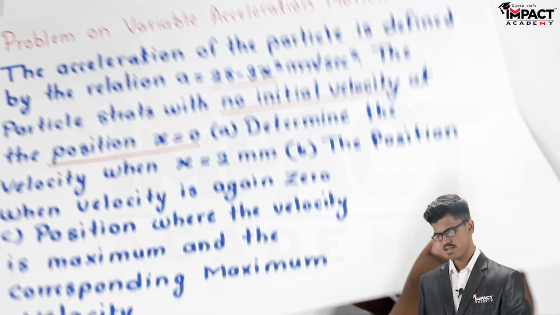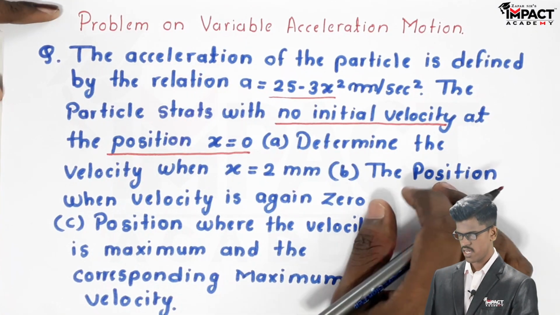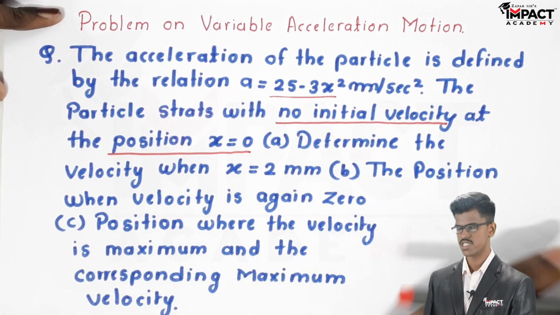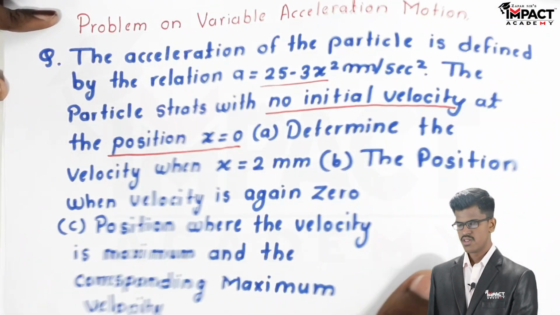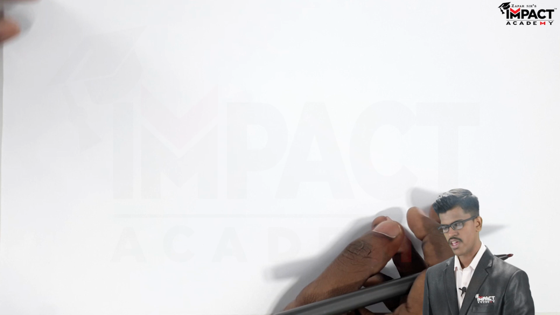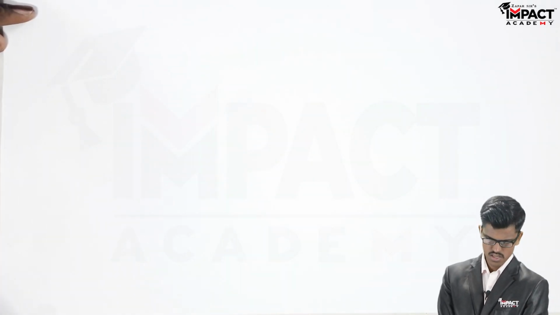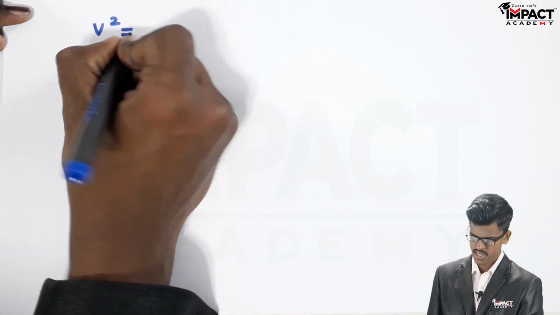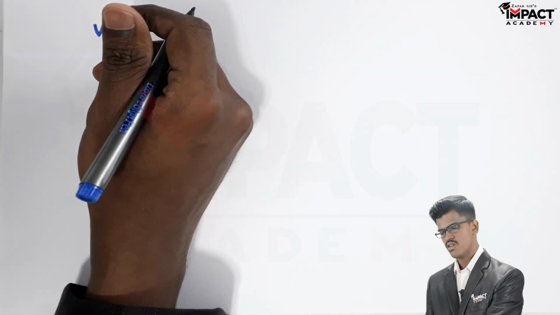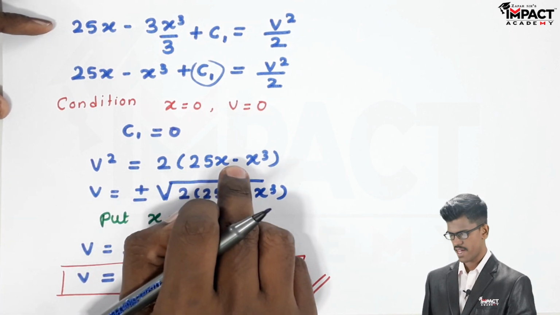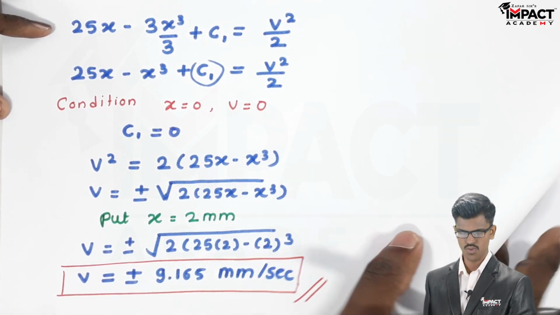Second, they ask the position when velocity is 0. We got the equation of velocity, v² = 2(25x - x³).